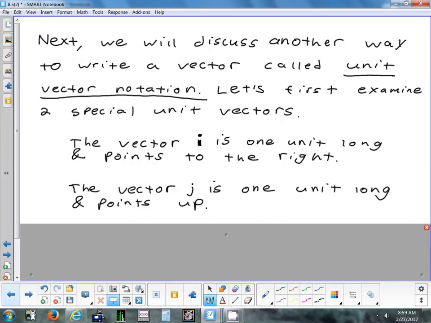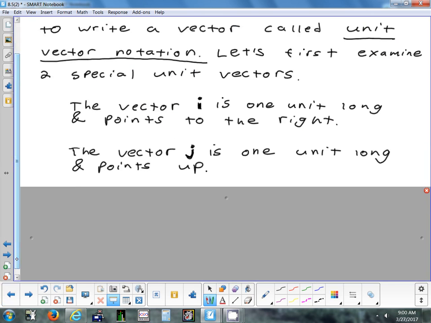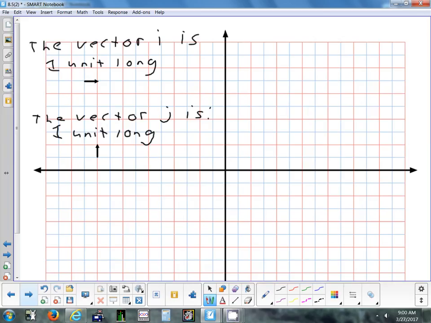Okay, j is another unit vector. So it's 1 unit long, but this one points up. And there's the unit vector j right there. It's 1 unit long, and it points up.